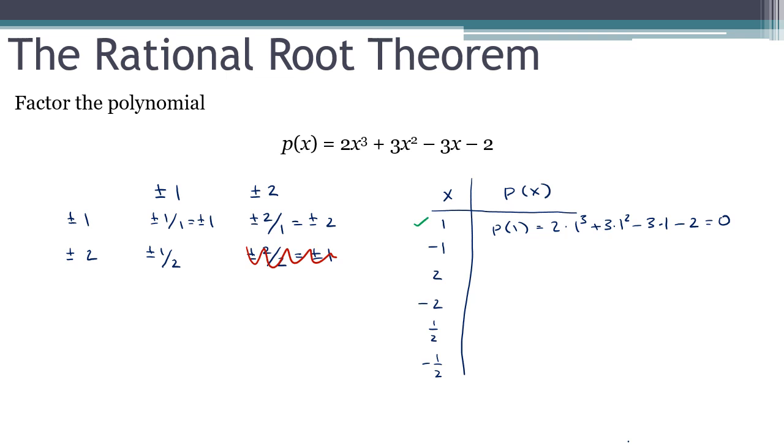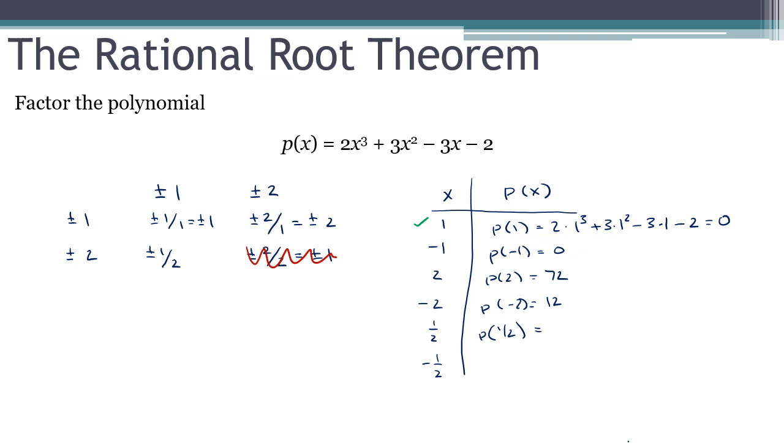Okay, so now you just keep testing, and I'm not going to make you sit here and watch me work all of these out. P of -1 is 0. If you go ahead and test these on your own, you can pause if you like, do the calculations. This is 72. This is 12. Obviously, I worked these out in advance. P of 1/2. And I did these as decimals because it was marginally easier.